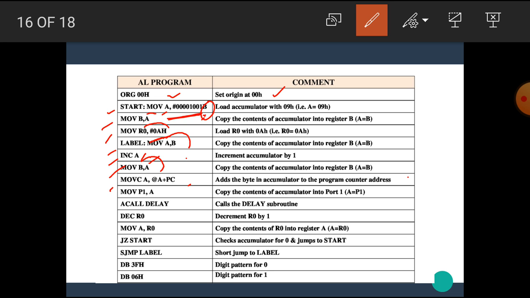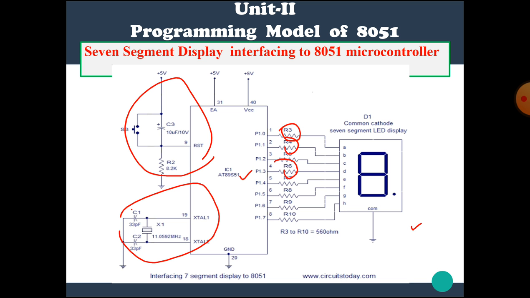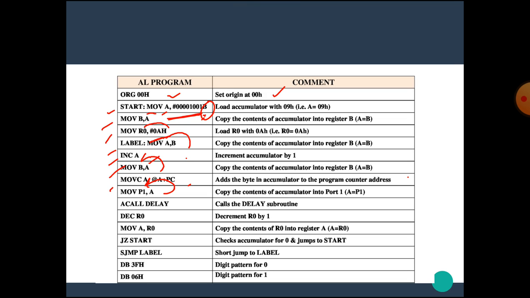The next instruction is MOV P1, A, that means the contents of the accumulator are now loaded into port 1, because port 1 is connected with the 7 segment display.